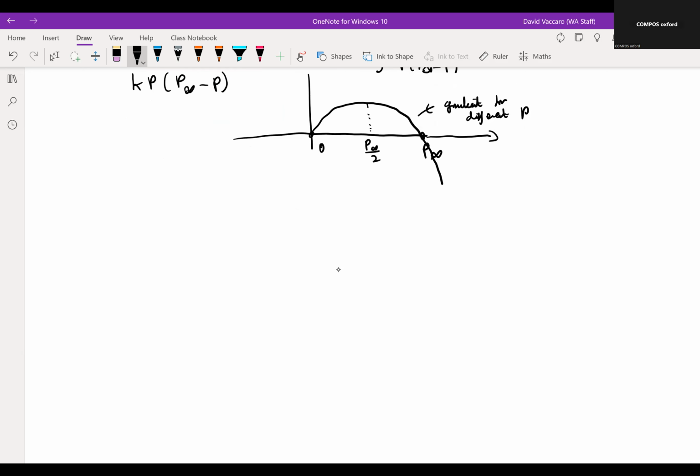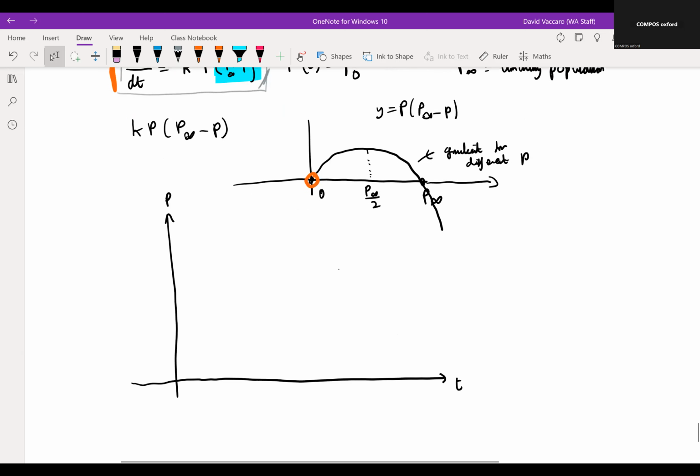Okay, so I'm now going to consider what happens to the population against time. So my y-axis is P for population. My x-axis is T for time. Now, if the population is 0, I can see that my derivative, kP(P infinity minus P), is also 0.